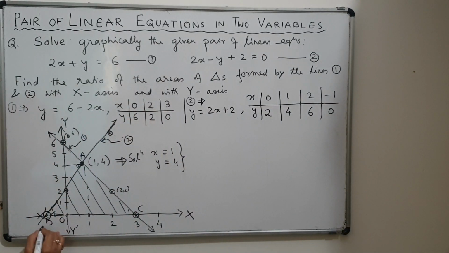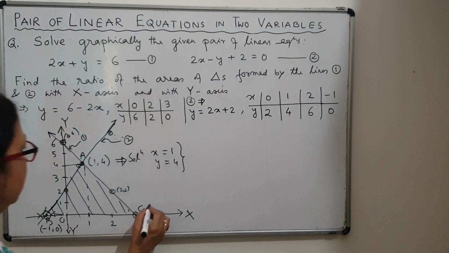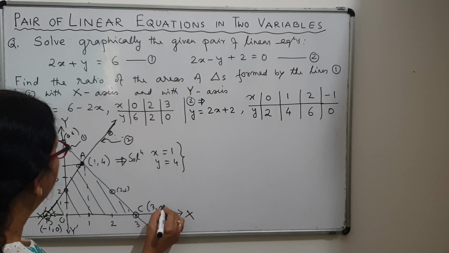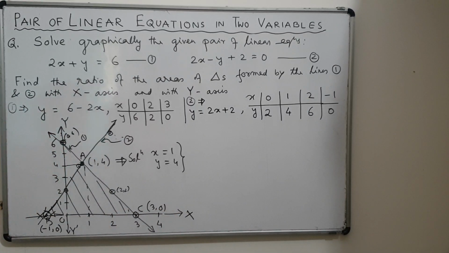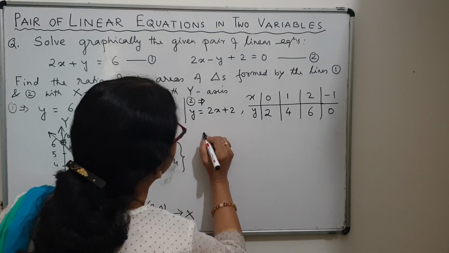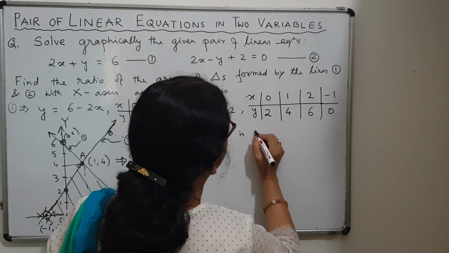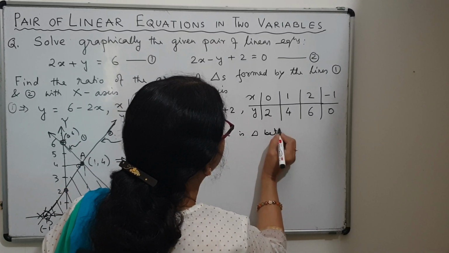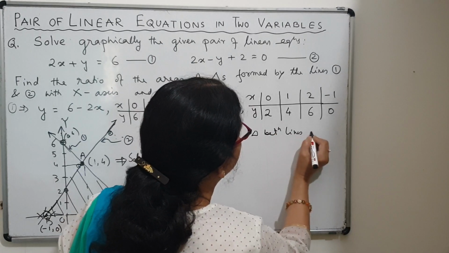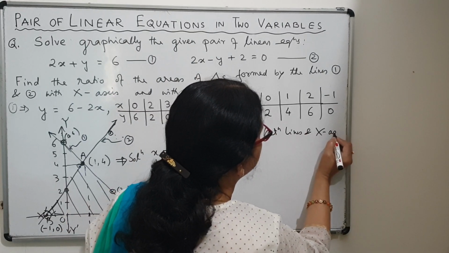So this point will be minus 1, 0. And C is your 3, 0. So I know this is the triangle ABC, the triangle between the lines and the x-axis.